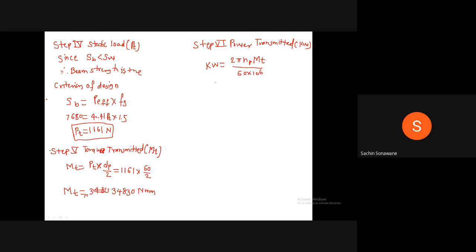Therefore, just substitute the values. Then you will get 2 into pi into 1450 into 34830 divided by 60 into 10 raised to 6.